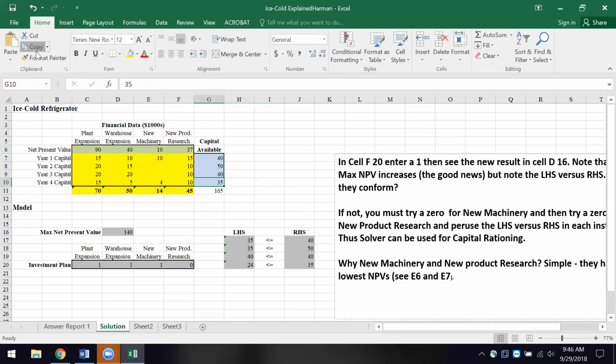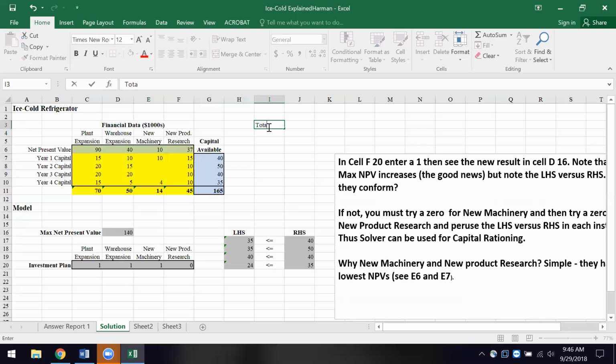I can do it a lot easier with Copy Format Painter. And then that total. And here are the net present values I could achieve. And this would be total. I'm going to put total NPVs.